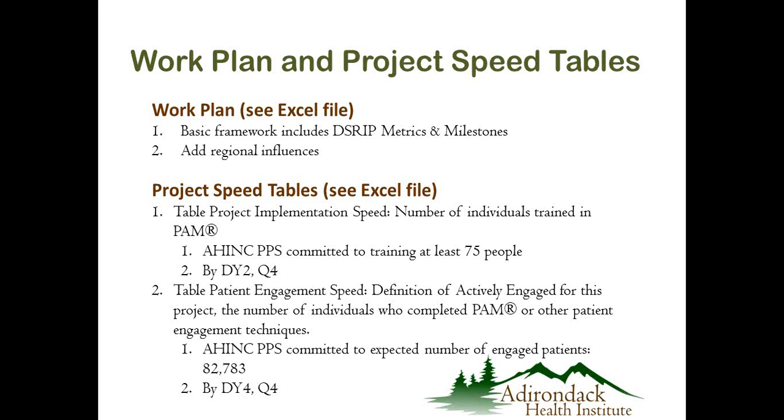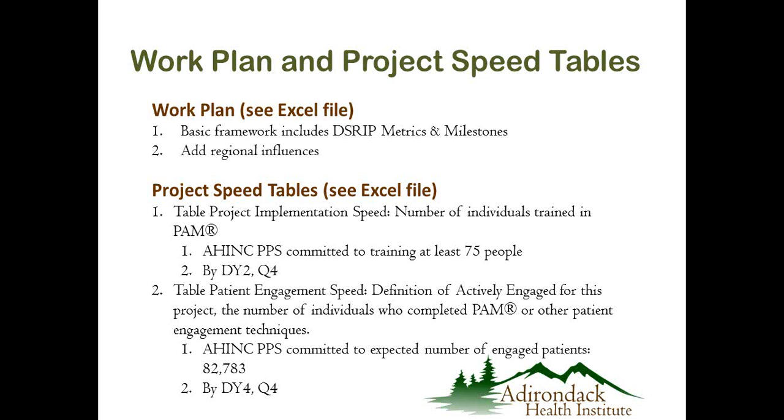So I understand that you already have the Excel file that shows the project speed as well as the project scale. So speed refers to the pace at which as a network we're going to be able to meet all the project requirements.